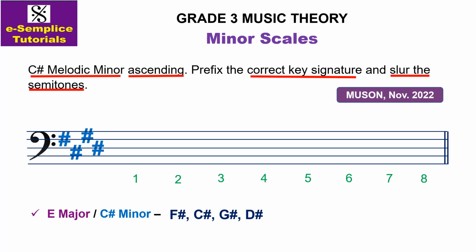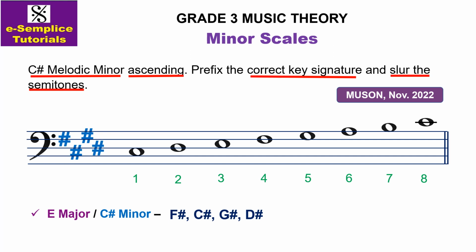Now let's add our notes. That's C sharp, second degree, the third degree, the fourth degree, the fifth degree, the sixth degree, the seventh degree, and the eighth degree.